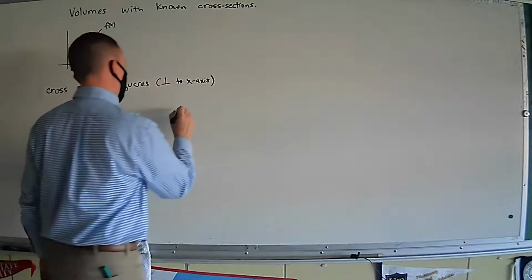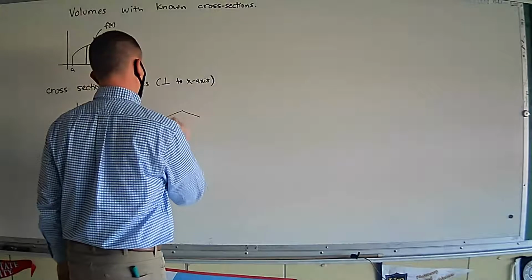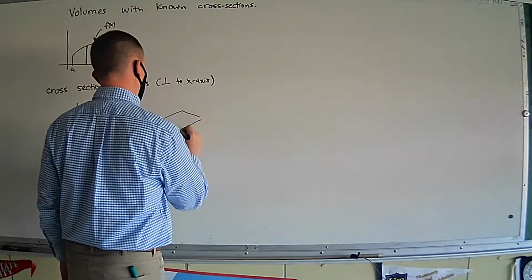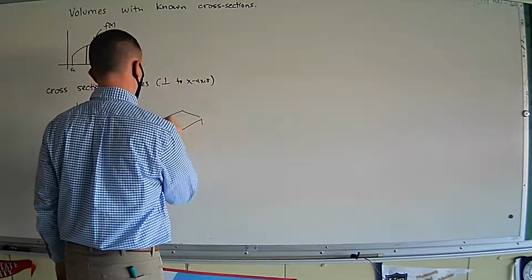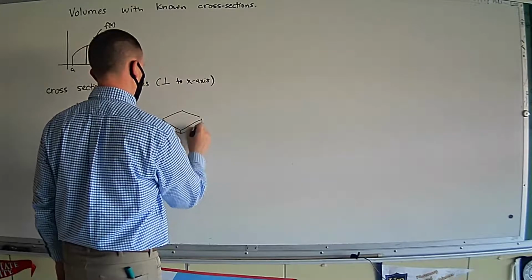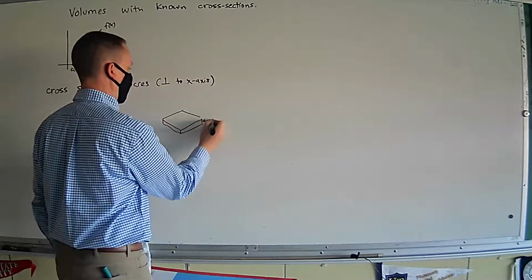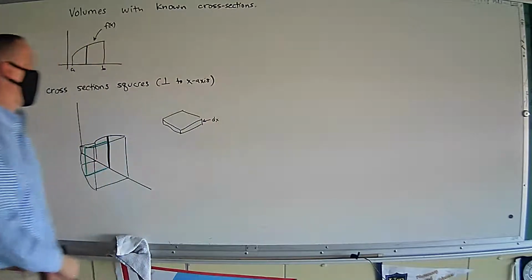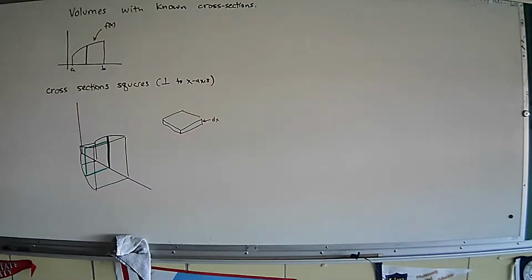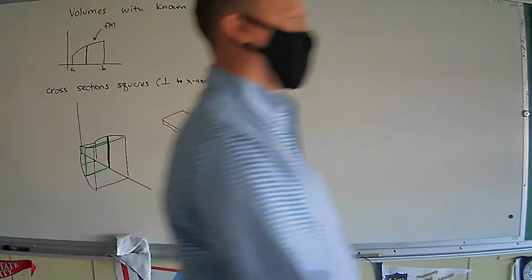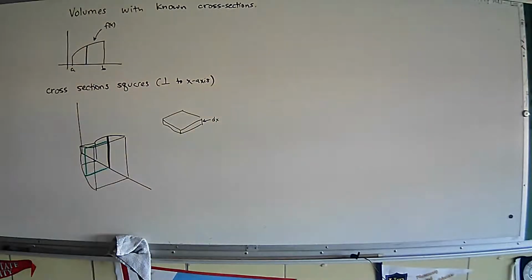If I draw one of these squares now, I know that's dx thick. What's the side of the square?